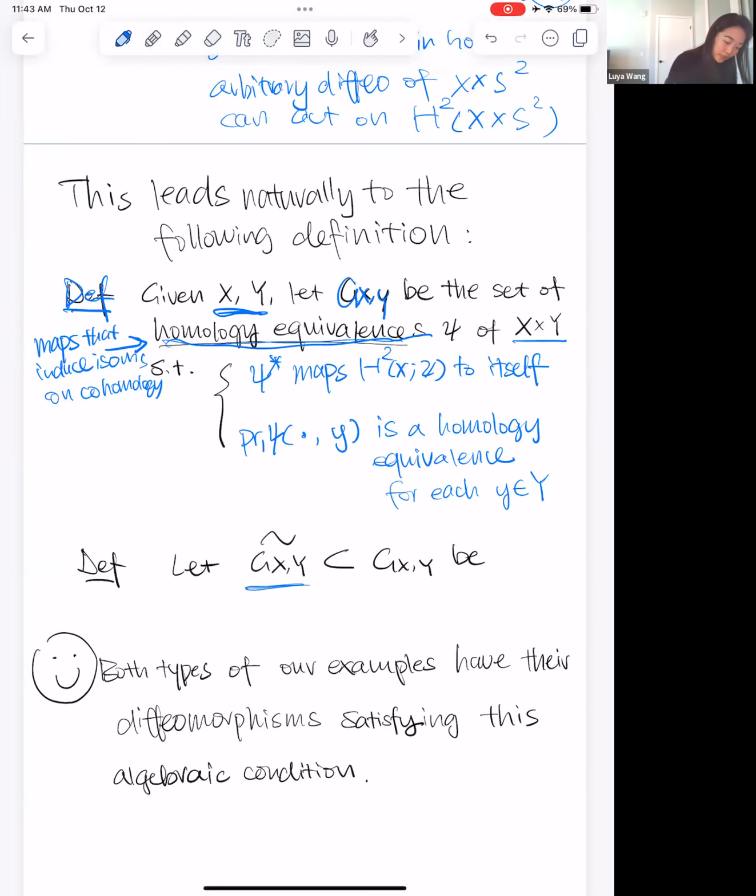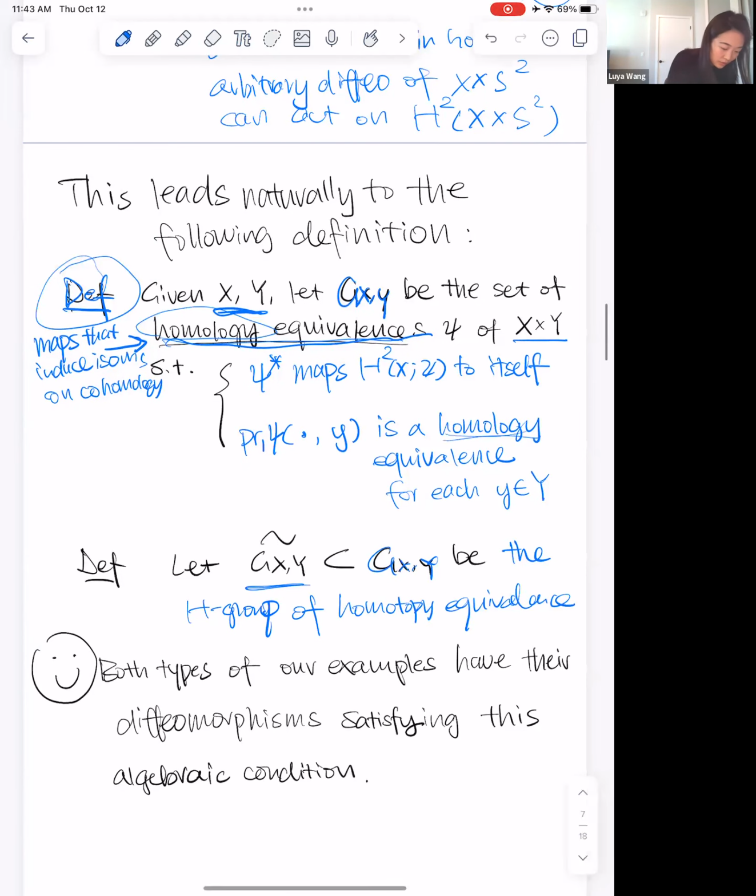And furthermore, we can define a group G tilde XY to be the group of homotopy equivalences. This is the same definition as here, you just replace all the homology equivalences with homotopy equivalences.